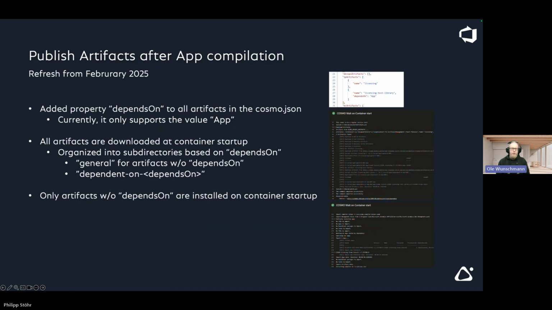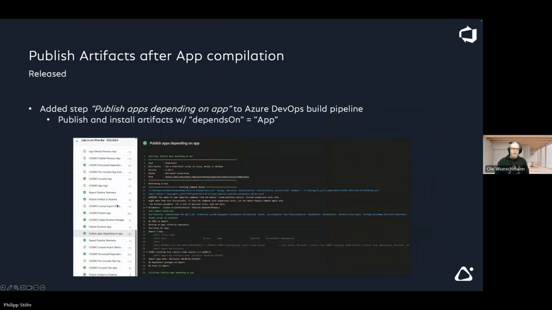And we had the foundations to install the other artifacts at a later point. And this later point is now implemented into the build pipeline in Azure DevOps. We added a new step, publish apps depending on app, to the Azure DevOps build pipeline. In this step, all artifacts that have depends on app will be published.